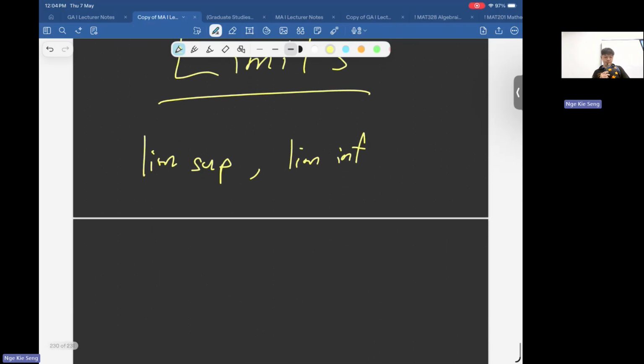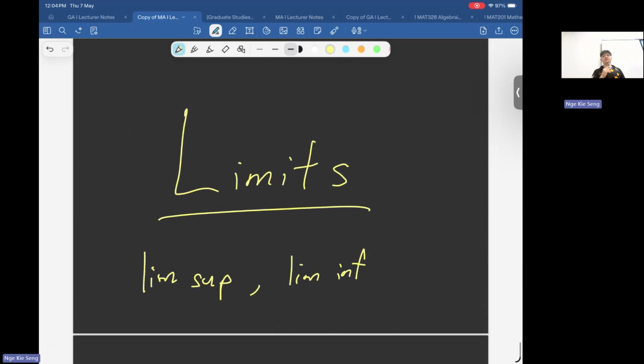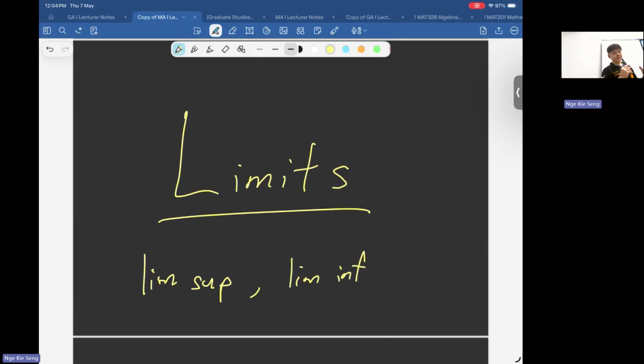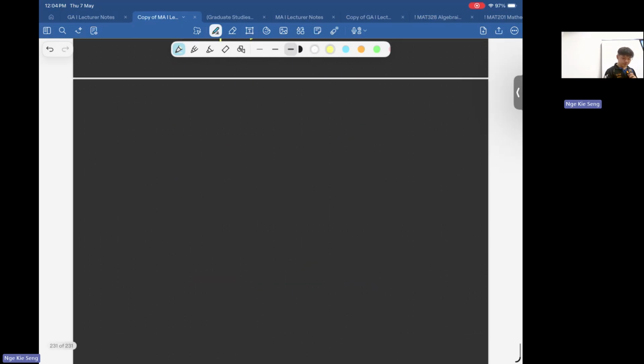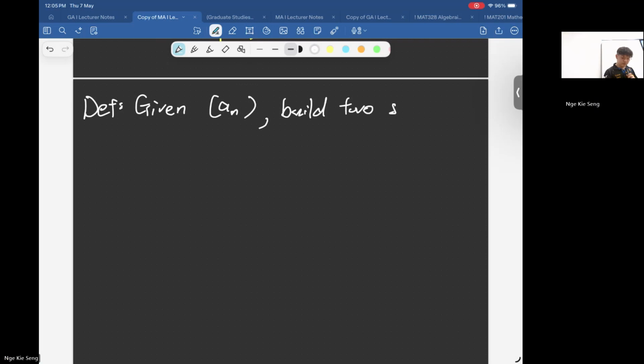Okay, so we're going to have two sequences. Out of one sequence, we're going to build two sequences. So given a sequence, one is Bn, one is Cn.